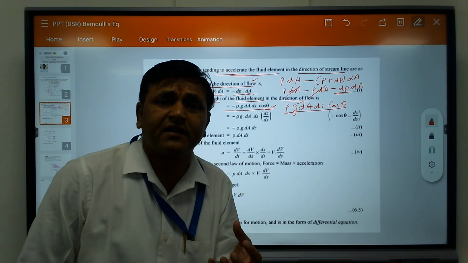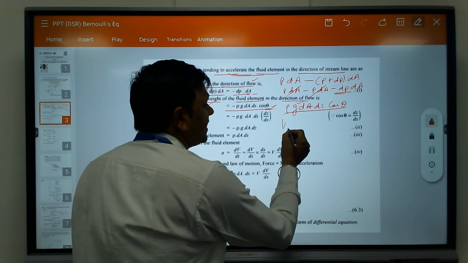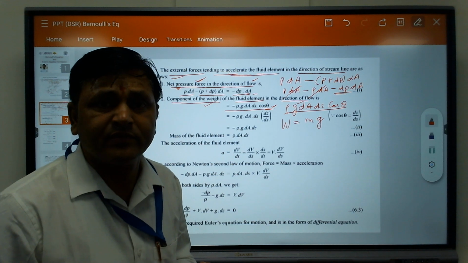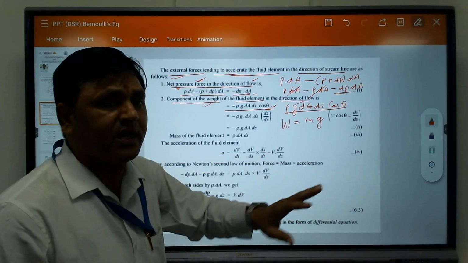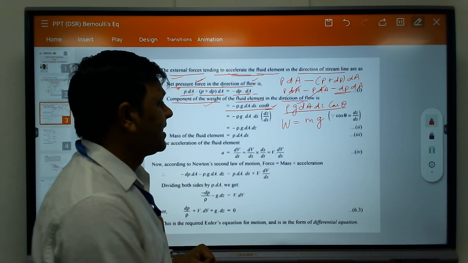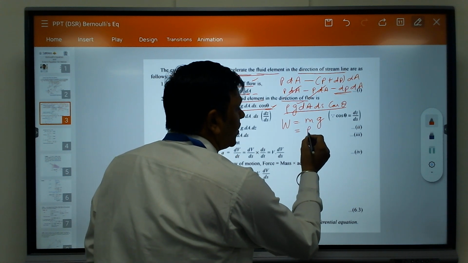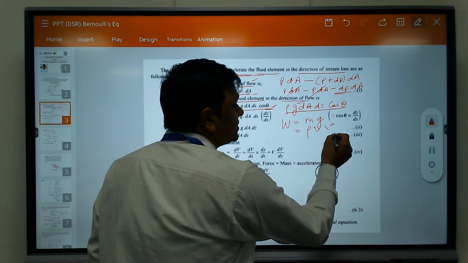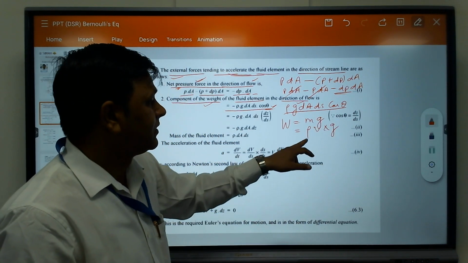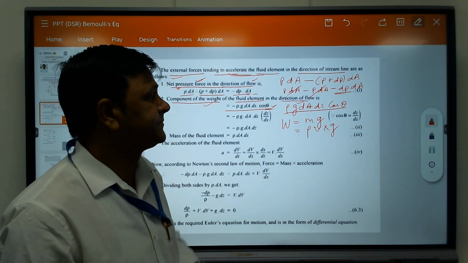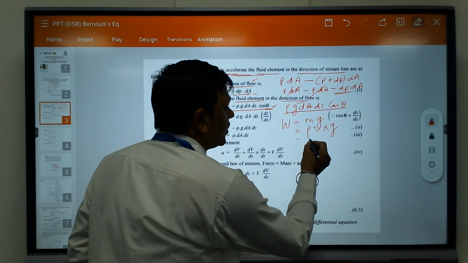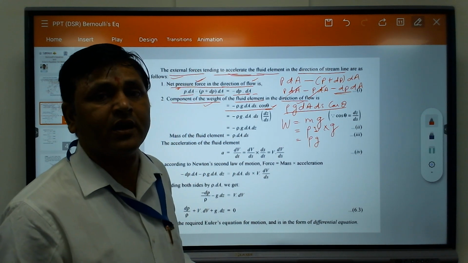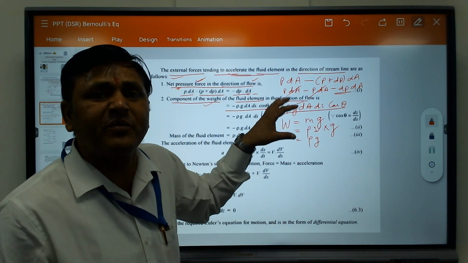Now, what is weight? Weight is equal to mass into g. Mass is equal to volume into density. So weight is density times volume times g, where volume is that of the particular fluid element.